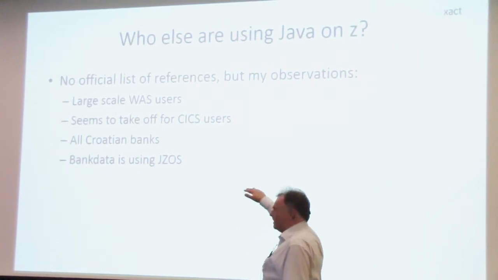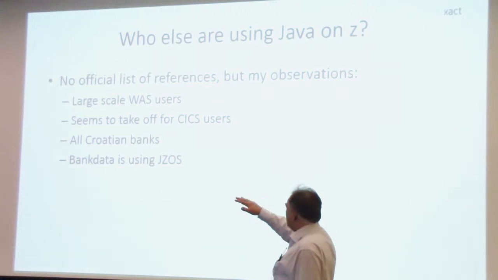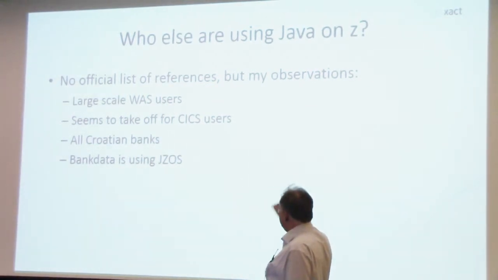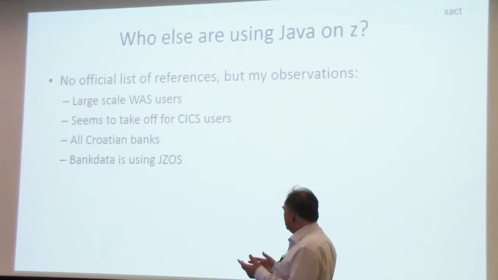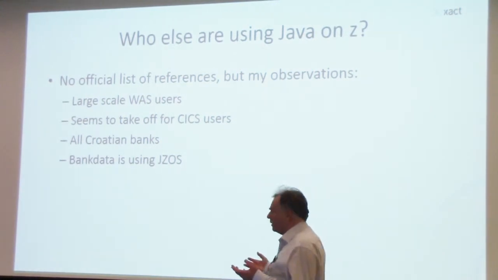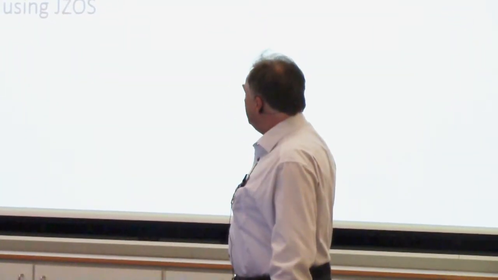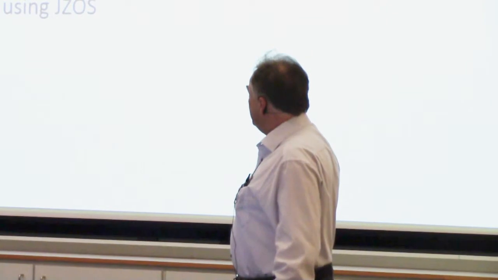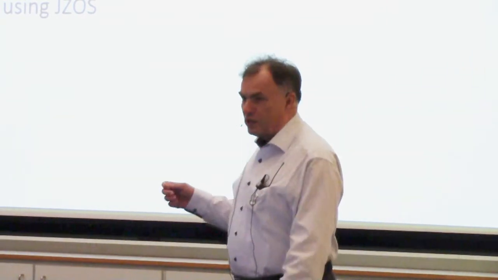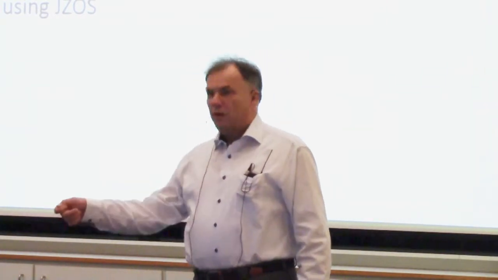But in Croatia, they started when Yugoslavia had broken down, and they started on mainframes. IBM was doing a very eager job there, and a company down there called Vestigo did a lot of banking systems, which they're all using. So in Croatia, if you're using a teller machine taking out money, it is running Java and CICS.